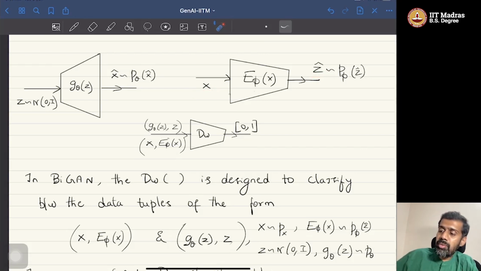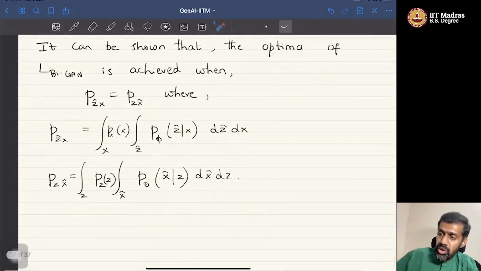So when that matches, given a particular input latent vector, it would generate a data point, and given an input data point, it would generate the corresponding latent vector that would have generated this data point using this generator network. So this is one way to learn or do GAN inversion.